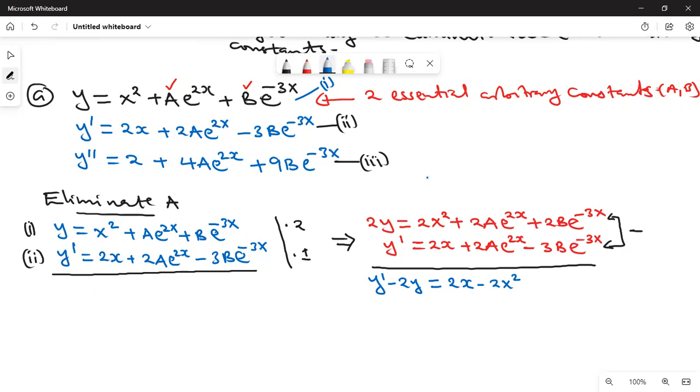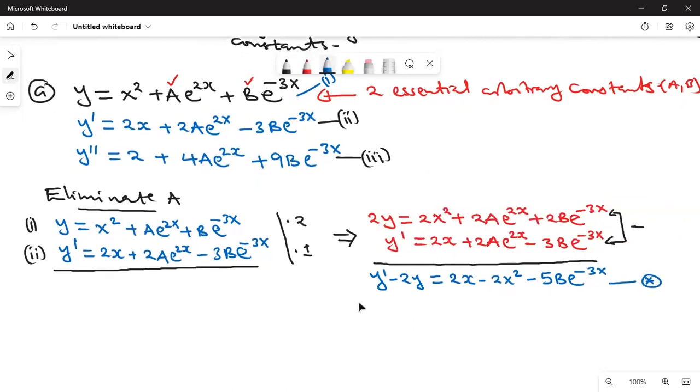Then 2a exponential 2x minus 2a exponential 2x will be 0, which I don't need to write. Then I have minus 3b exponential negative 3x minus 2b exponential negative 3x, so that's minus 5b exponential negative 3x. Let's call this equation star.